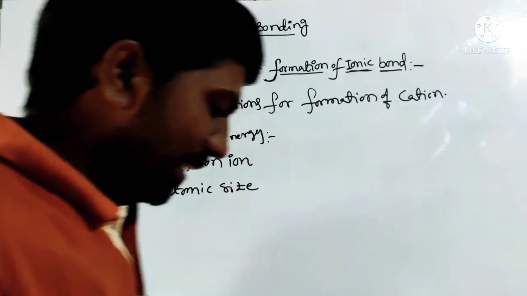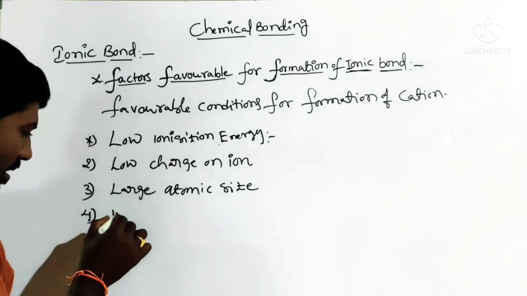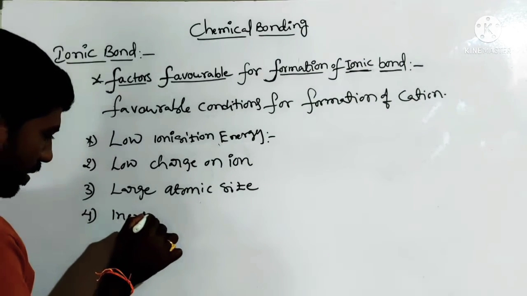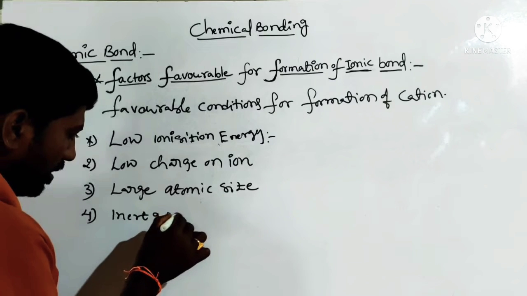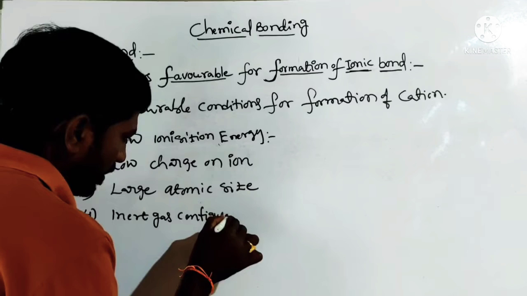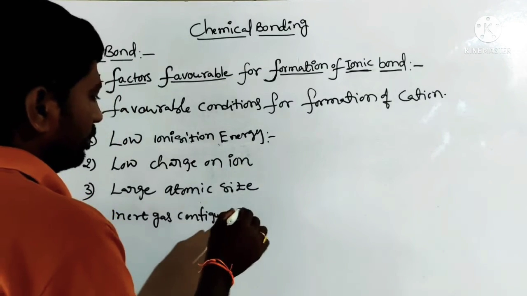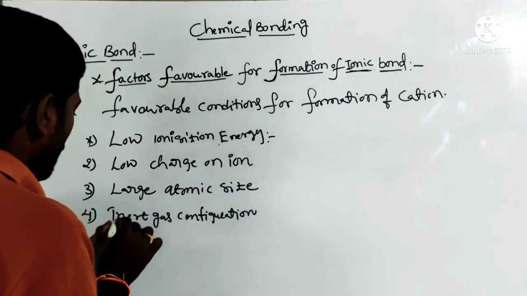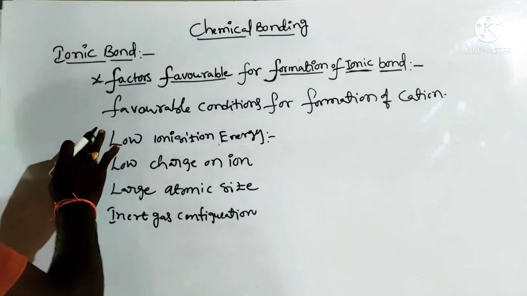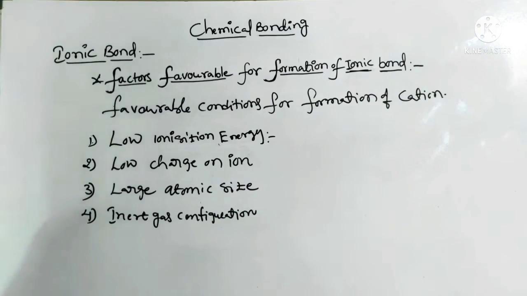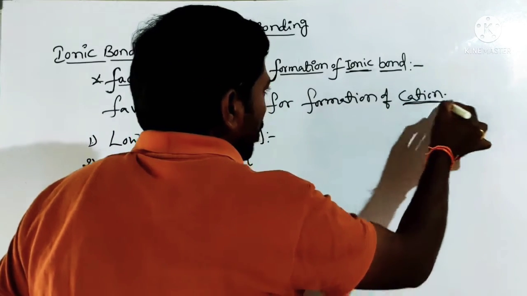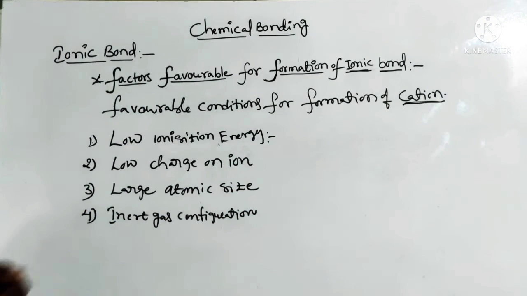Octet configuration, or inert gas configuration elements. So these are the four favorable conditions for formation of cation.